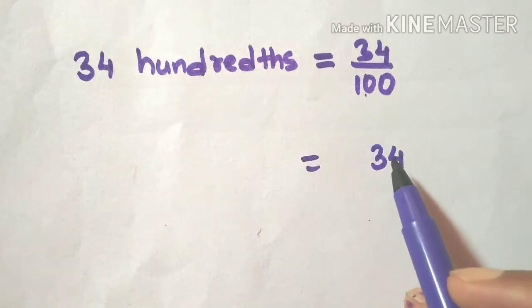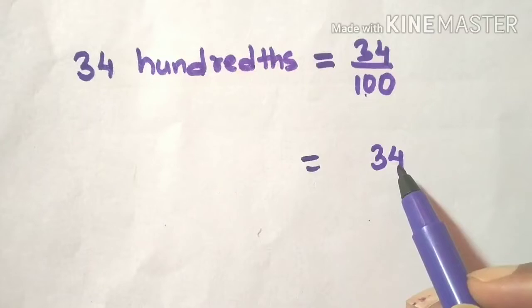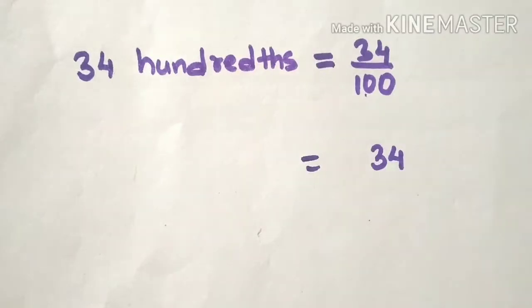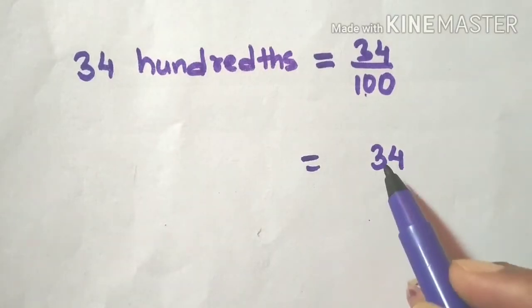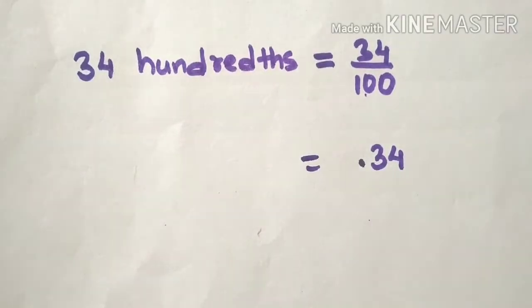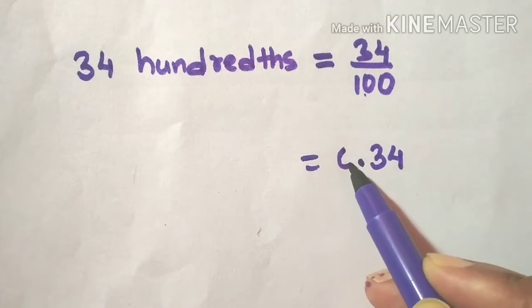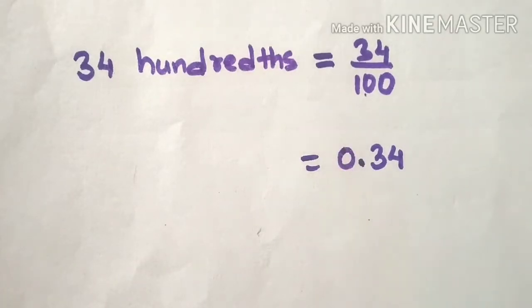So we will put a decimal point before 2 digits, that is, we will put a decimal point before 3. Now since there is a point before 3, we can put a 0 before the decimal point.